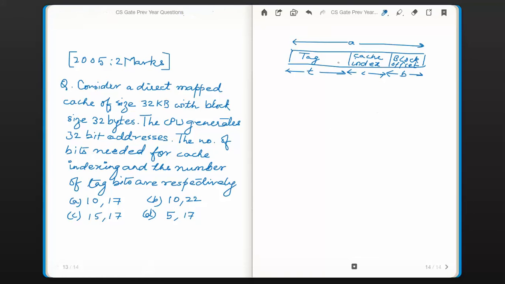So if you see, a CPU address can be divided into several sets of bits. The first set of bits can be called the block offset, and we are designating it with small b. Small b is the size of the block offset part of the CPU address in bits.